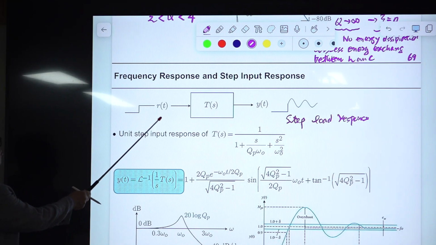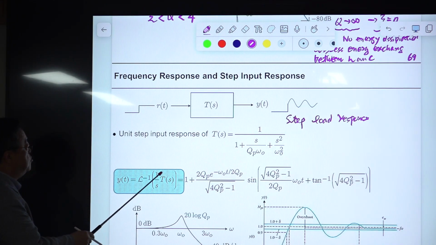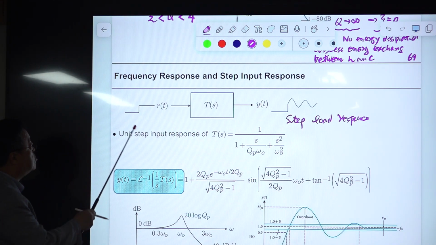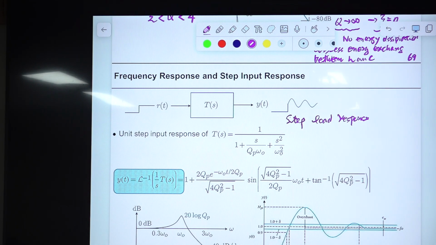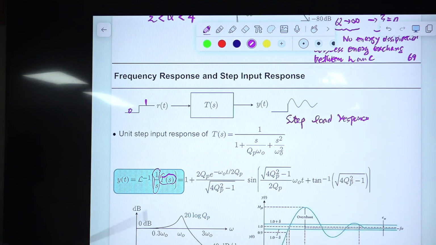The standard way is the transfer function, which is the S domain expression. The unit step function is 0 and then 1, and the Laplace transformation of this waveform is this one. This is the input, and this is the transfer function, and the input times the transfer function is the output in the S domain. You take the inverse Laplace transformation and obtain this result.